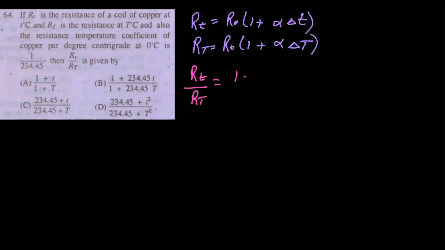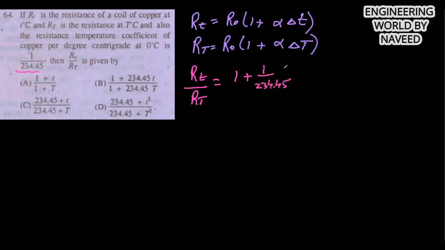So 1 plus alpha del T. The alpha value is given to us, that is 1 divided by 234.45, and del T is small t.